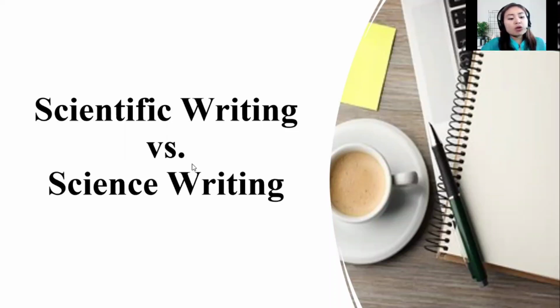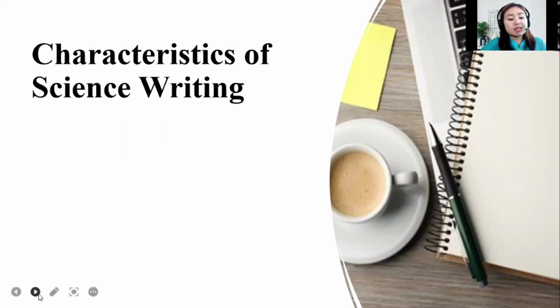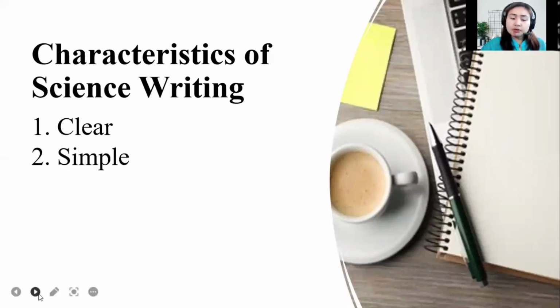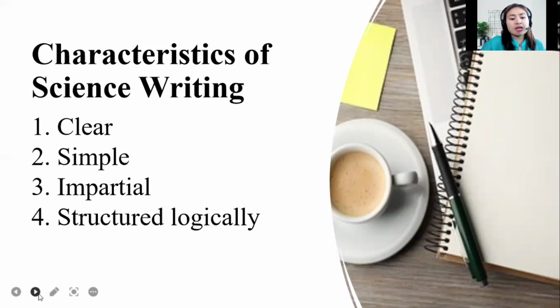Okay, next, what are the characteristics of science writing? So first off, it should be clear, of course, so that the target readers would be able to understand. All right, it should be simple. Highfalutin words and flowery words are not included in science writing. It should be impartial, I mean, you should not be biased when you are writing science writing.